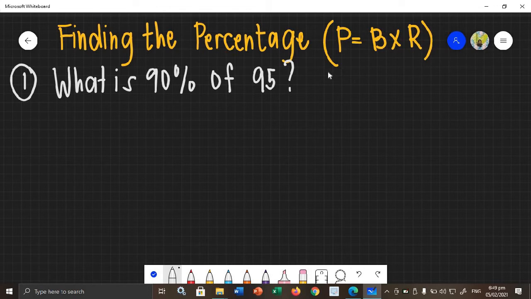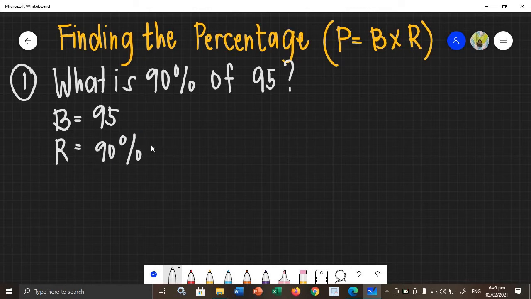But then, hindi naman natin pwede na i-multiply agad si 90% kay 95. What we need to do is that we need to convert 90% into its decimal form. So, yung base natin, sulat ko lang yung given, is 95. Ang rate natin is 90%.